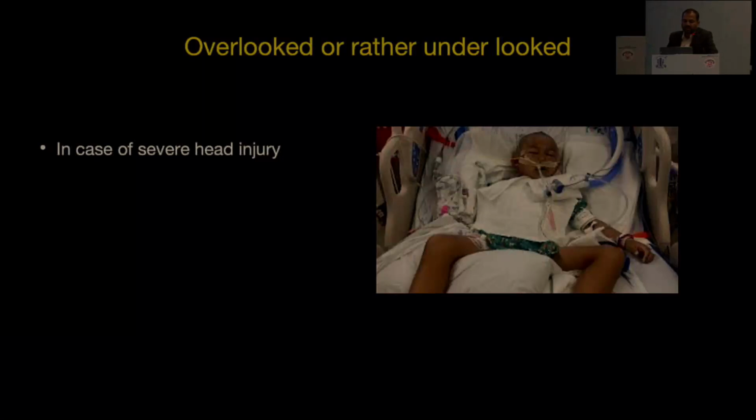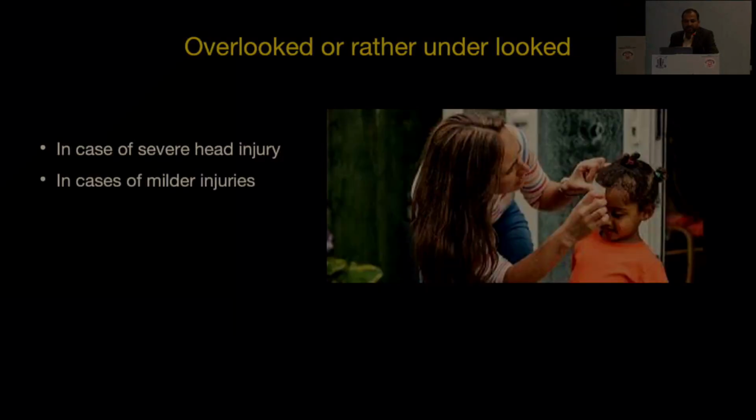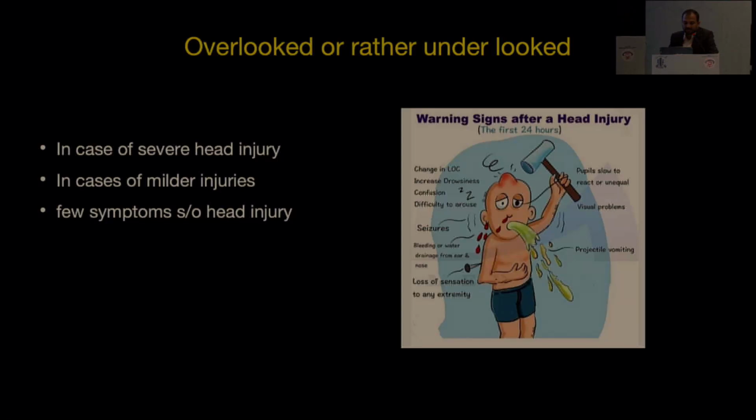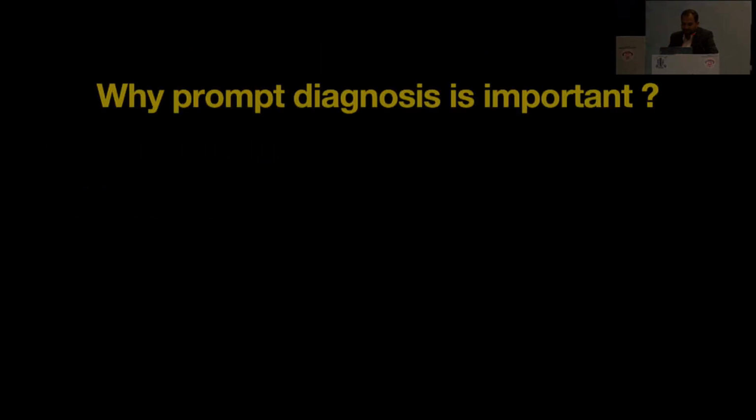So why is it overlooked, or rather underlooked? In severe cases like head injury, the patient is usually in the ICU setup, and in cases with milder injuries, with just a trivial injury around the eye, or if there are symptoms of head injury, generally we think that it could be a symptom of head injury.